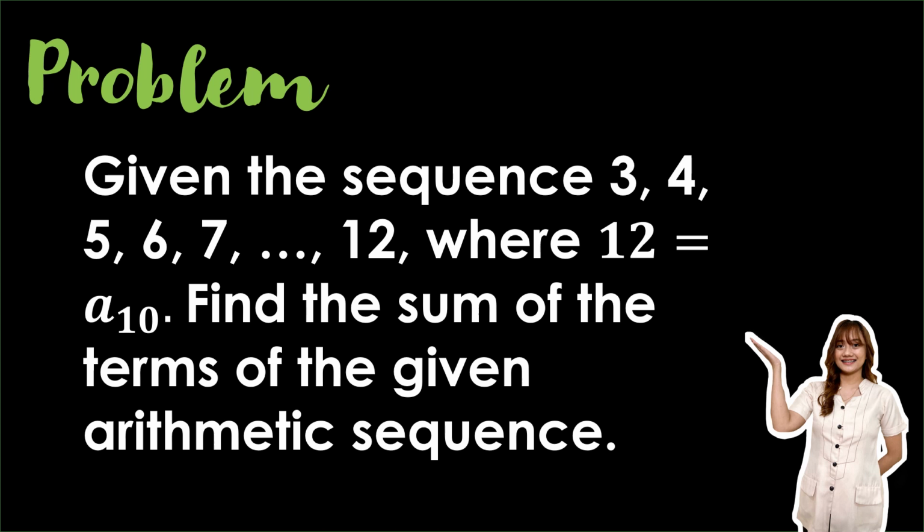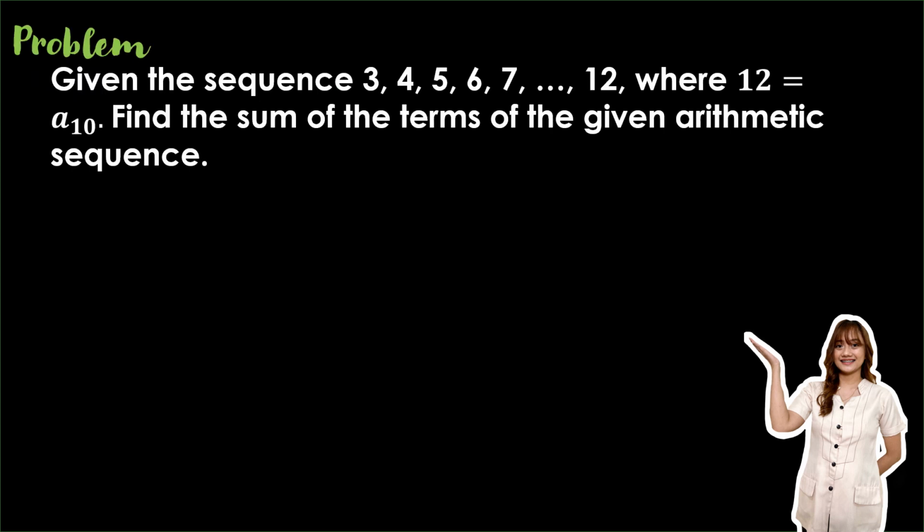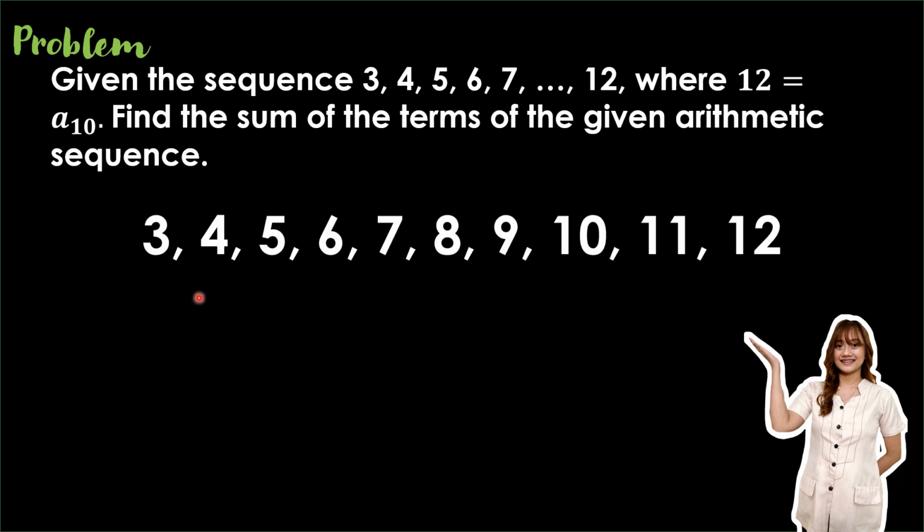In this problem, our goal is to find the sum of the terms of the given arithmetic sequence. Now let us try to find it. The given arithmetic sequence is 3, 4, 5, 6, 7, 8, 9, 10, 11, 12.